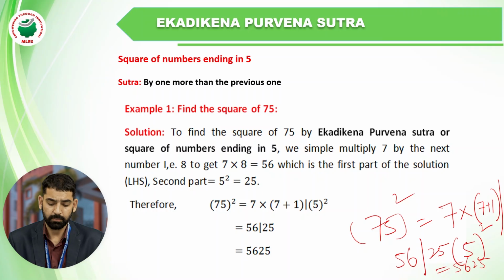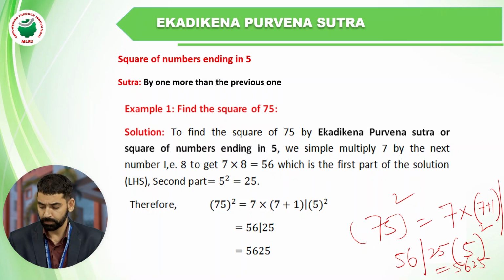Then we take the square of the second number and put it on the right-hand side. So here we have the left-hand side as well as the right-hand side. The left-hand side contains the given number multiplied by the number just following it, which is 8 in this case. Then we have the separator, and then the square of the second number, which is 5 square equals 25. In this way, we find the square of 75, which is 5625.